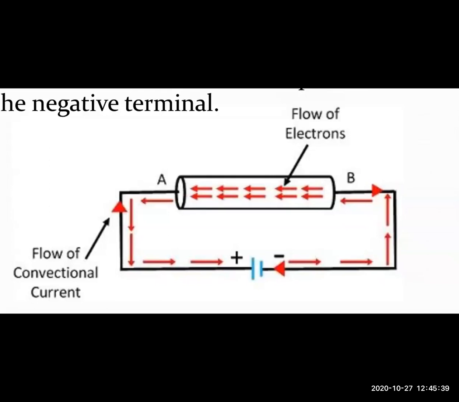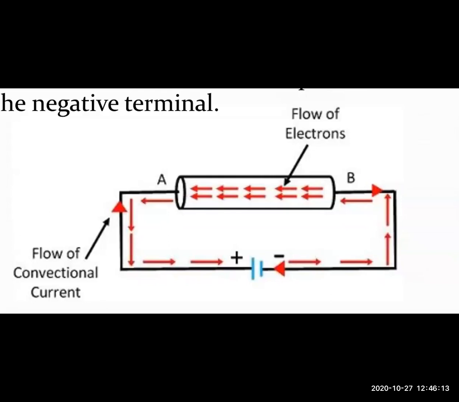So the electrons are moving within the substance from point B to point A, whereas the flow of conventional current is shown by the red block arrow on the black conductor. You can see the conducting wire is black in color. The electron flow is shown by those red arrows outside the conductor, showing the direction from negative end to the positive end.